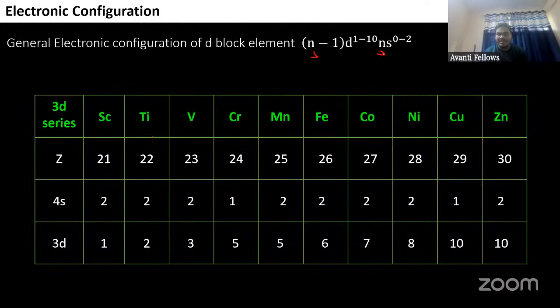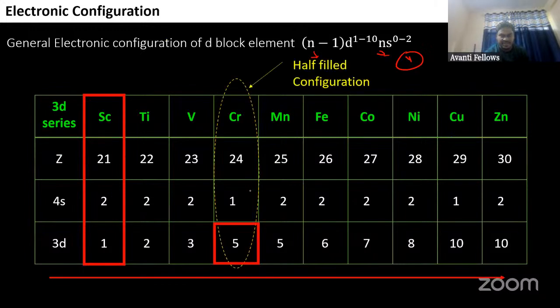Can anyone tell? n is nothing but 4, right? So 4 minus 1, that is 3d1 to 3d10. Similarly, in the next series, we can use n equal to 5 and n equal to 6, and so on. Okay, so these are the electronic configurations.